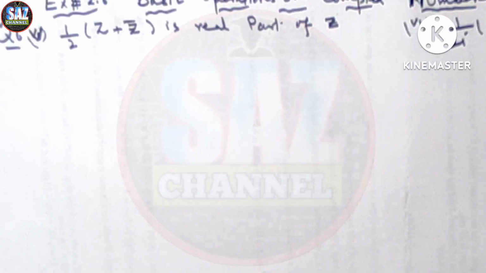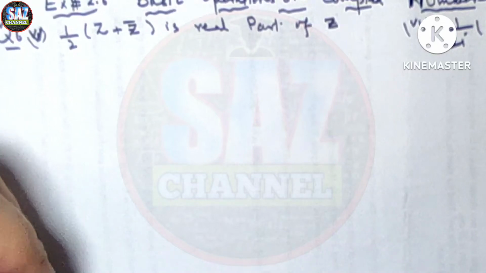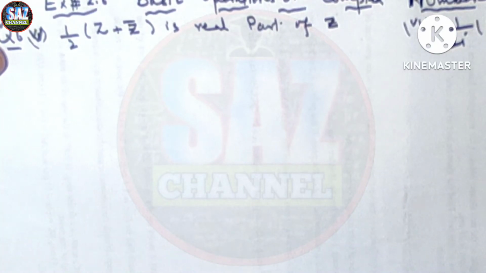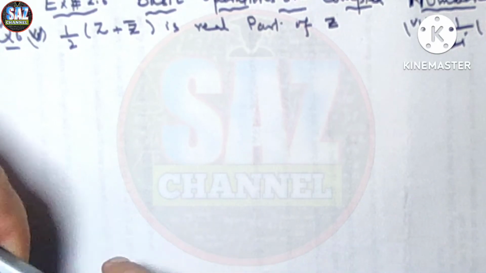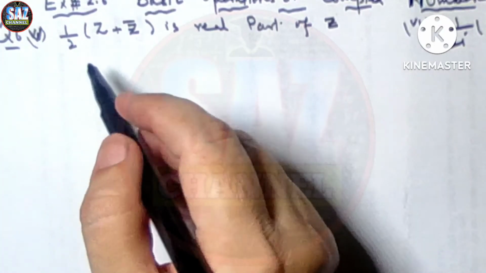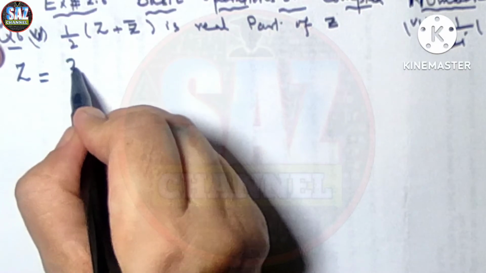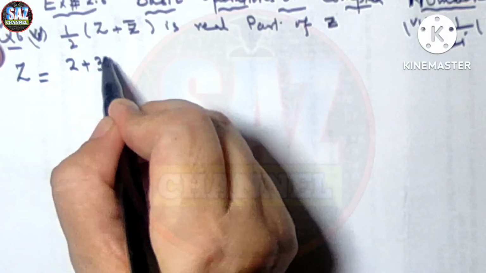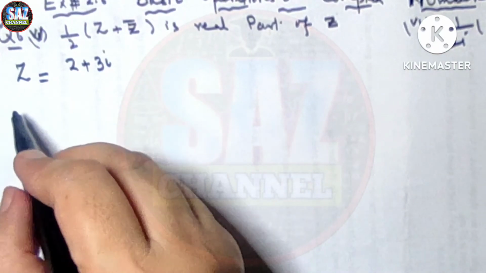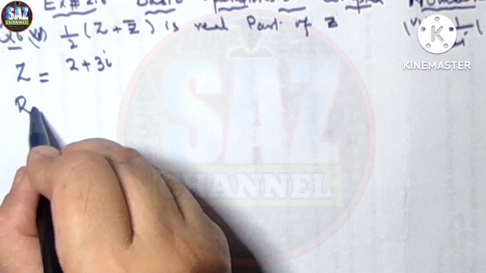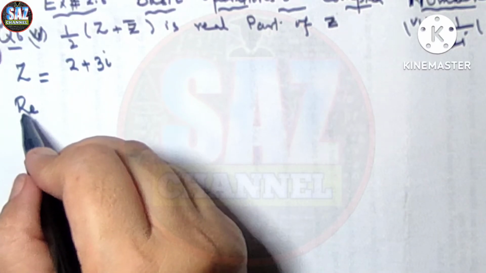First part says half (z plus z bar) is the real part of z. Let me see what z is. z is 2 plus 3 iota, and the real part of z equals 2.